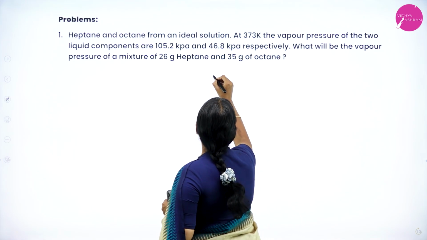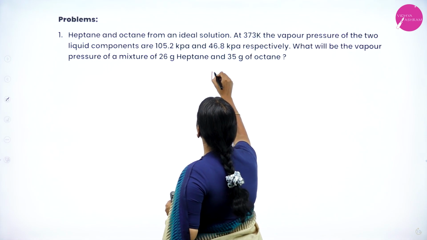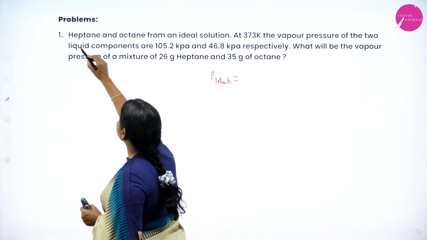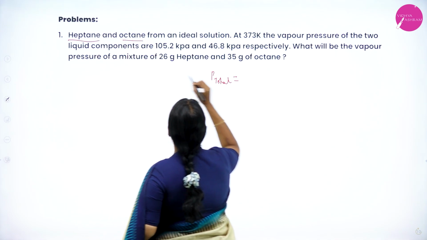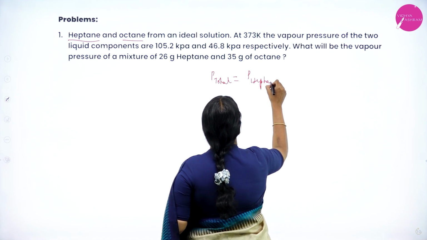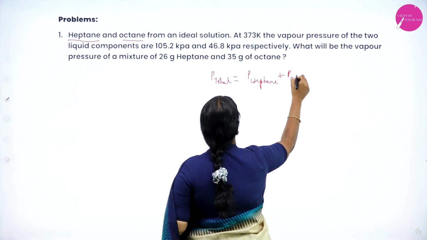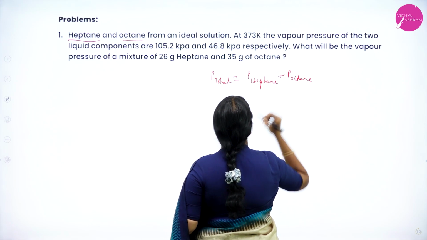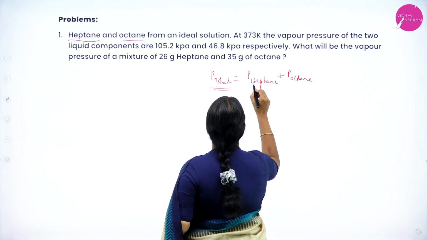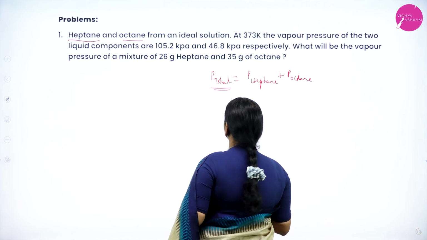They asked for P total, the vapor pressure of the mixture. The two components present are heptane and octane, so P total is P of heptane plus P of octane. So you have to find P of heptane and P of octane.